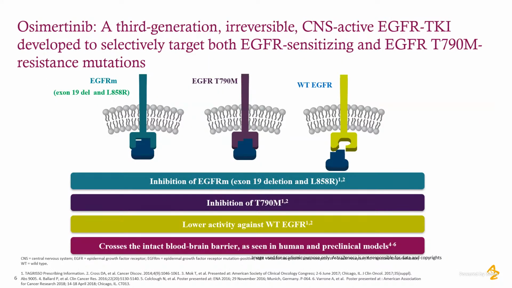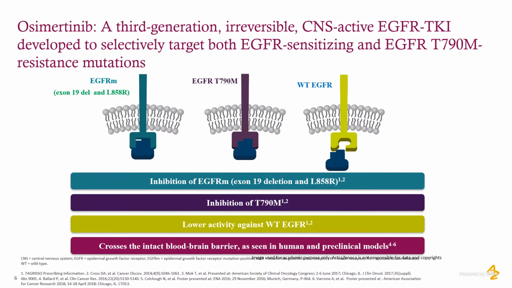Osimertinib is a third generation, irreversible, CNS active EGFR TKI developed to selectively target both EGFR sensitizing and EGFR T790M resistant mutations. If you see this cartoon plot, it is effective against EGFR exon 19 deletion and L858R. EGFR T790M fits there also, but it has no action on wild type EGFR.